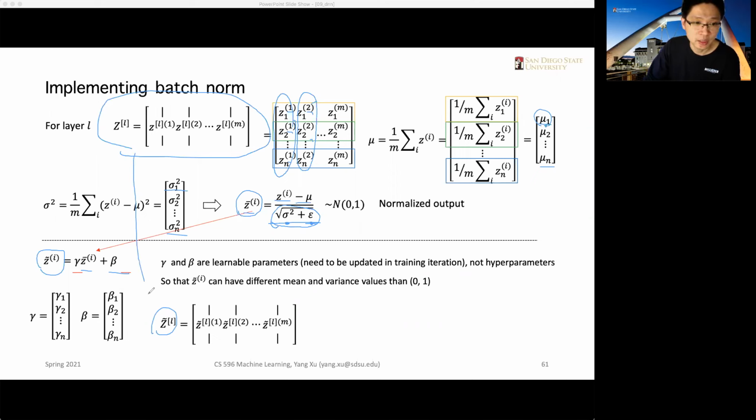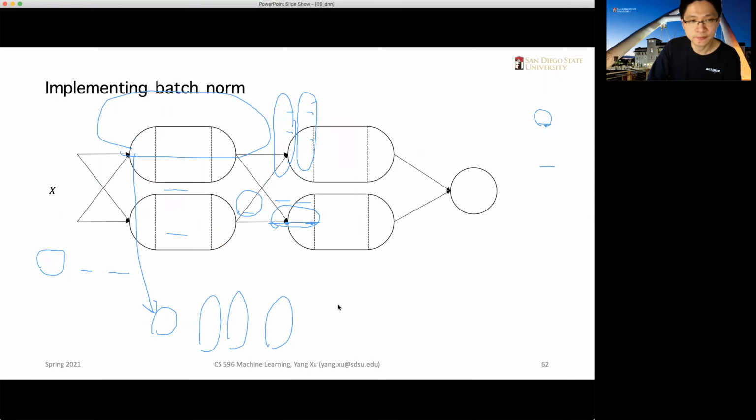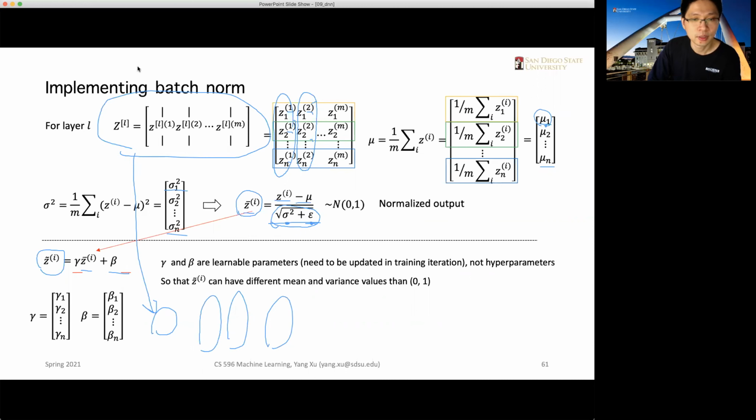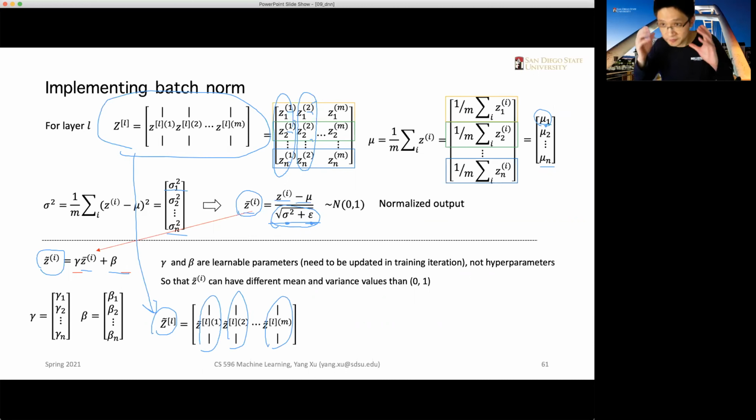We go from the original z to this z tilde, and each column is a z tilde, in lowercase. This z tilde will then be fed into the activation functions. It is not the z directly, but the z tilde that we use.